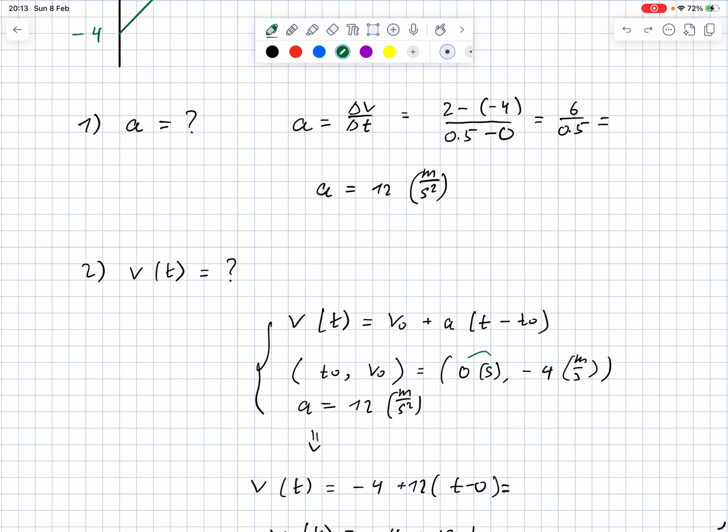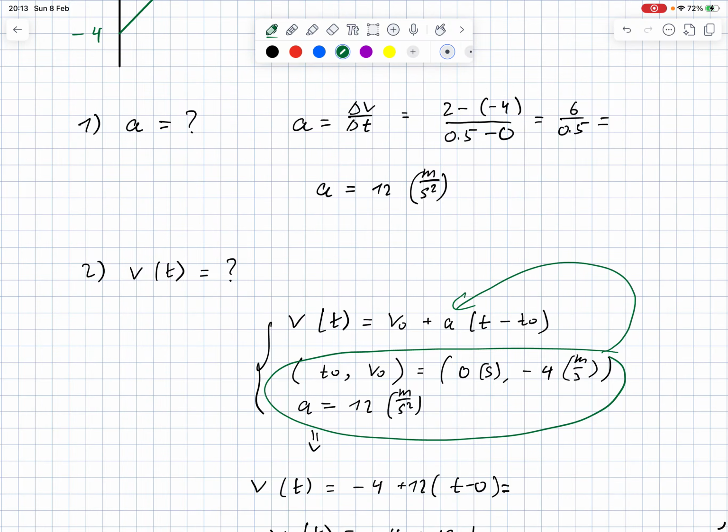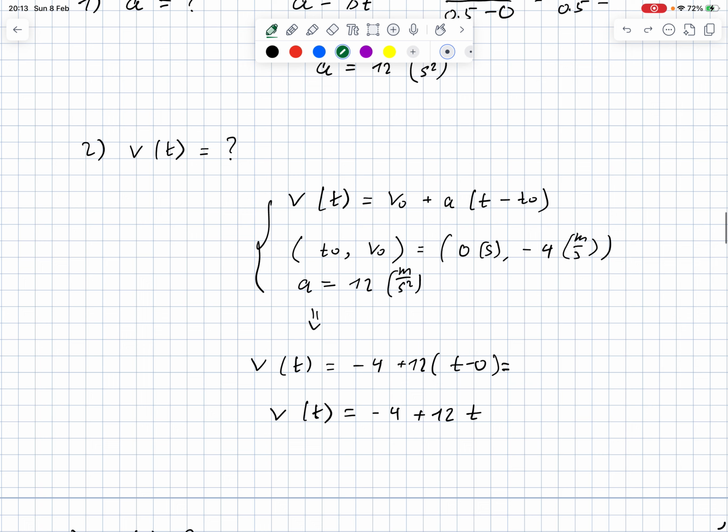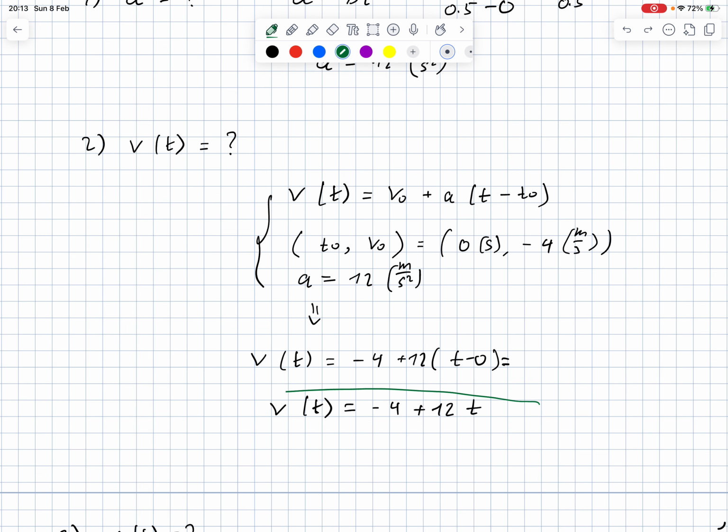At time of 0 seconds, we see that velocity equals minus 4 meters per second. And again, we're going to use the calculated acceleration from the previous part. Now we're going to substitute all these values in this formula, and when we do so, we have this final expression for velocity, the linear function.